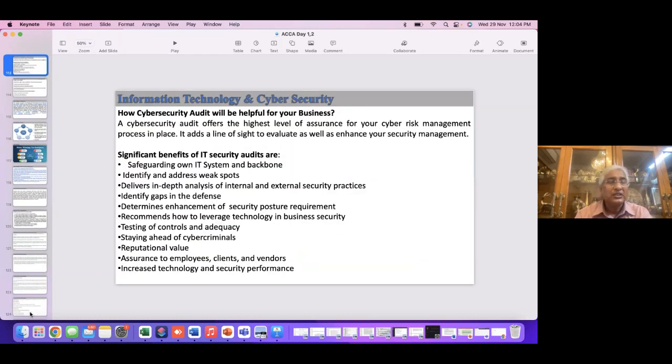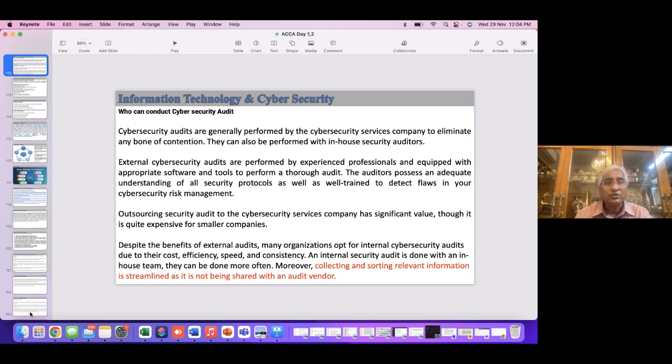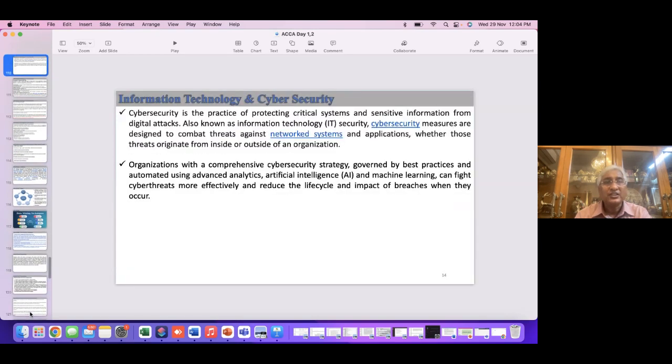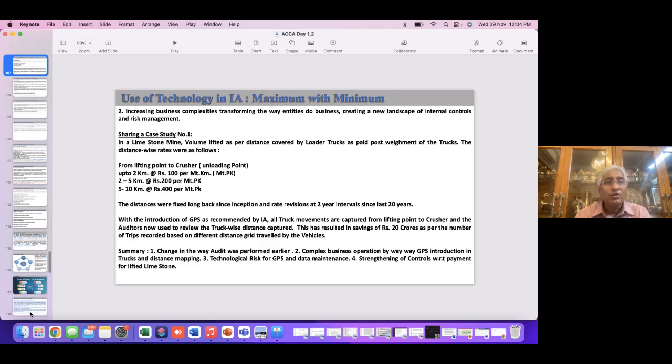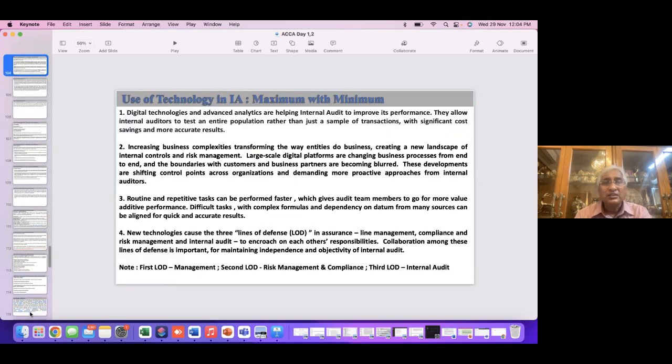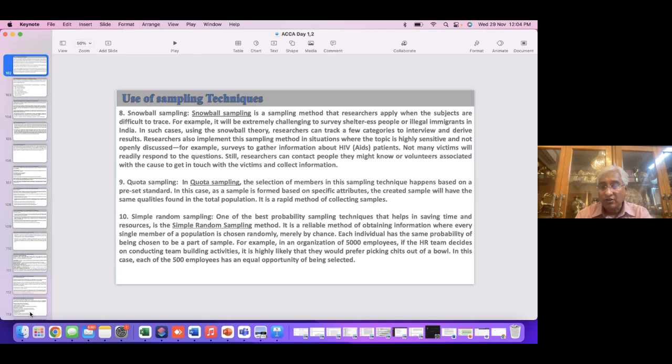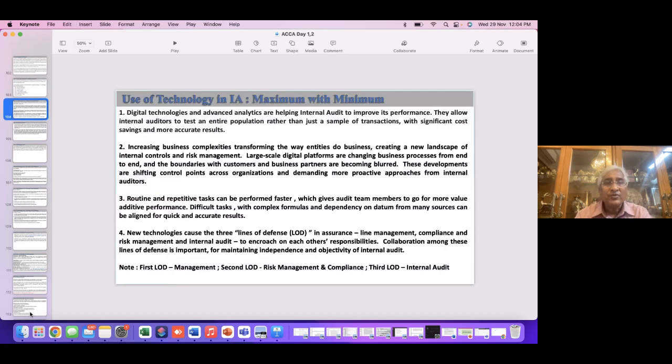Now, in the hours left for today's session, and today is the final session, as you know, we'll go for a bit of usage of technology, sampling, I said the other day. So we'll today start with technology used in internal audit, and how with this technology we can perform at a much higher level with our minimum resources.